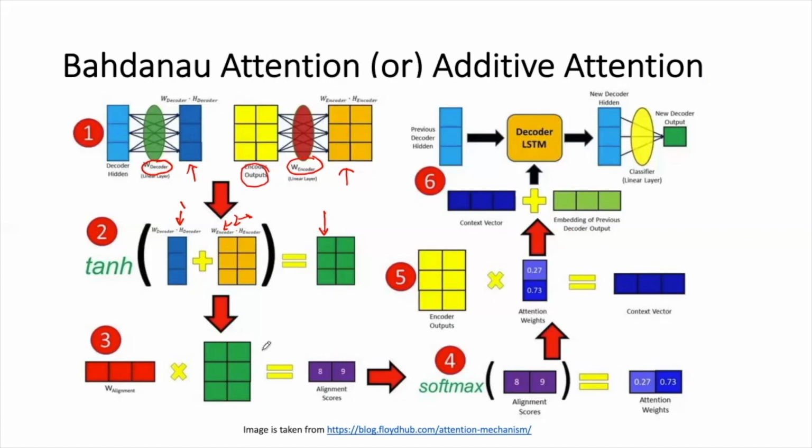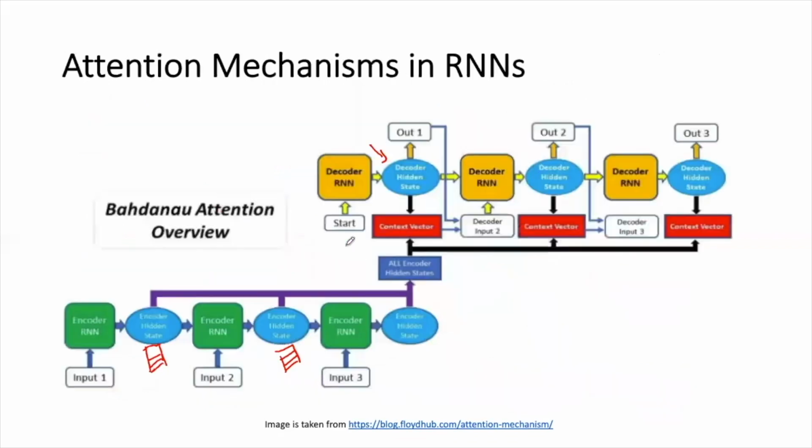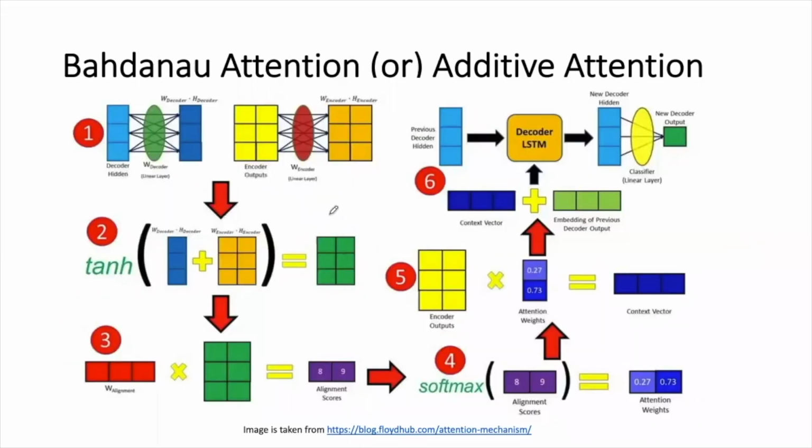If there are two encoder outputs, or two input words, the output generated here will have two columns. In this example we had three inputs, so we'd have a matrix with three columns. Here we have only two columns, because we are considering only two input words.